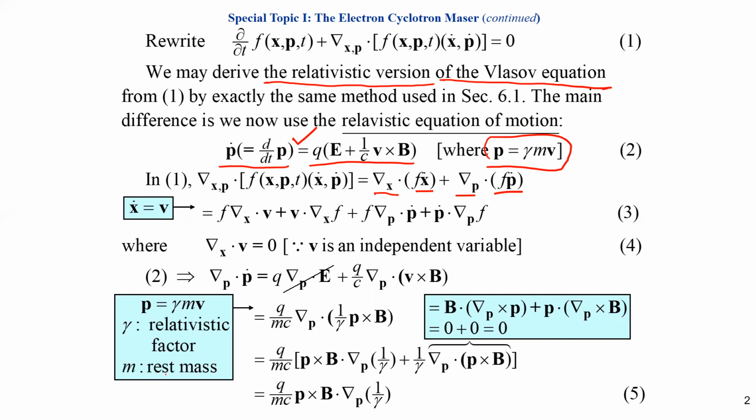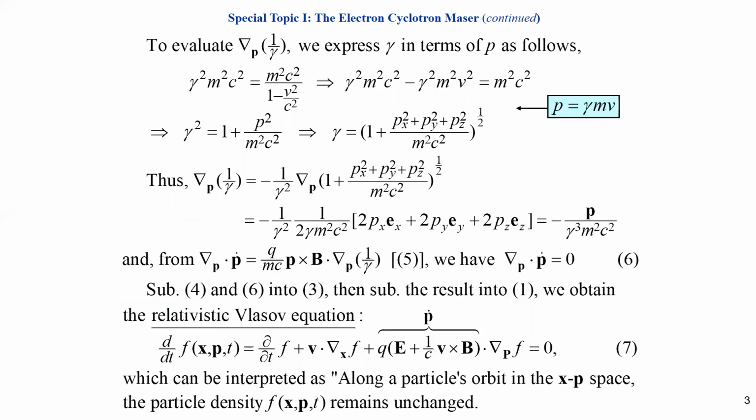M is the rest mass. You can skip the mathematical detail and focus on here. To simplify the calculation, substituting 4 and 6 into 3, then substituting the result into 1, we obtain the relativistic Vlasov equation.